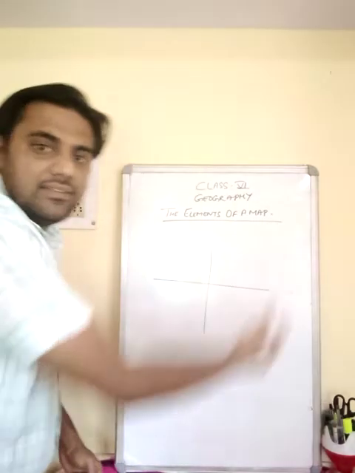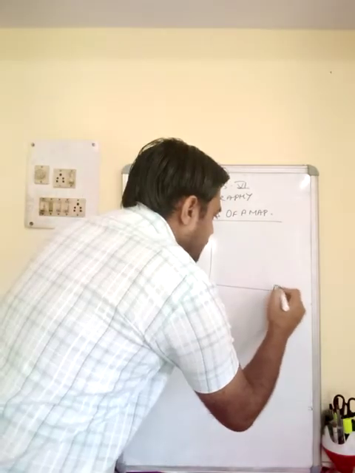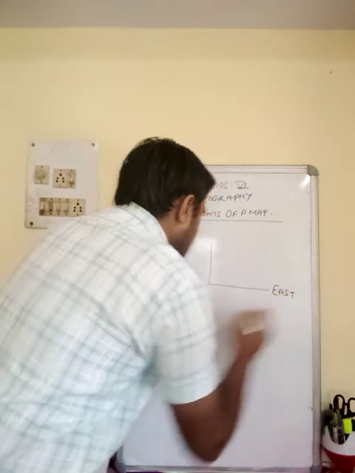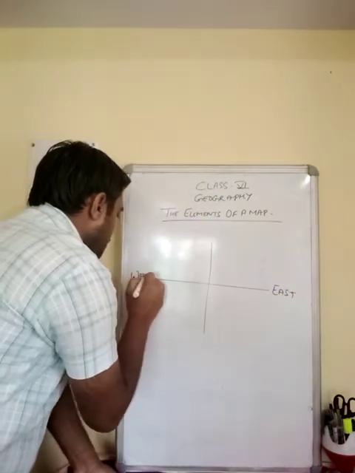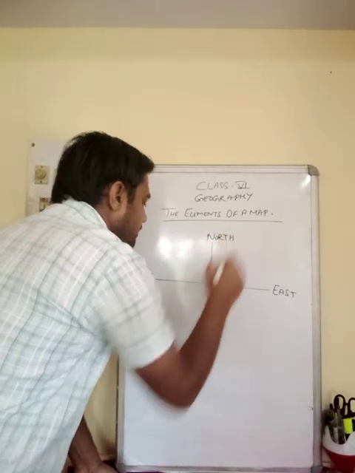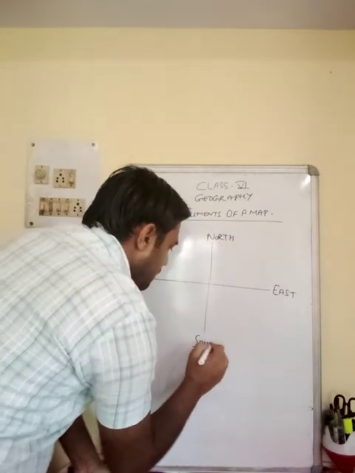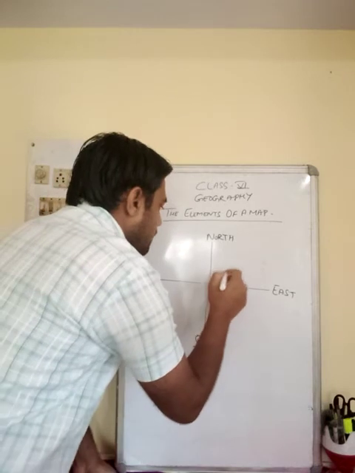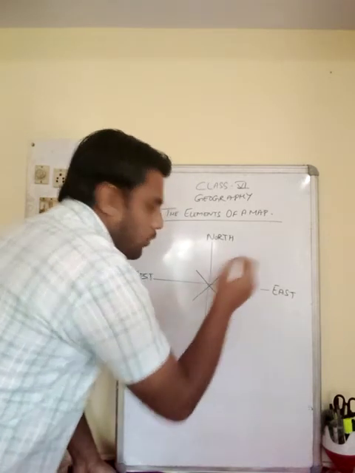You can make it as designer as possible. East, west, north and south. Then 4 more.